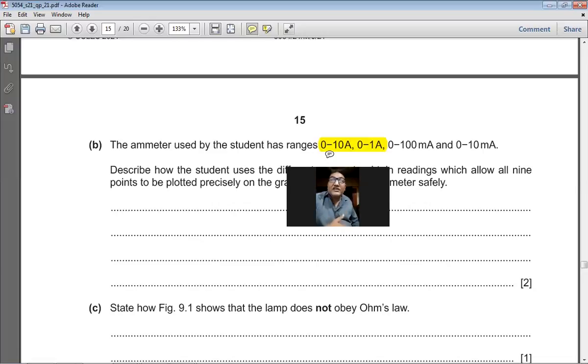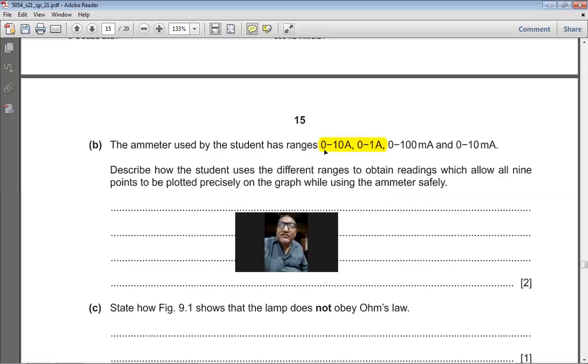If I see that the deflection is very small, then I will bring it to the next lower range. So for larger amounts of current, the range will be this one. For smaller amounts of current, the range will be this one. All the current readings are such that we cannot use these two ranges.